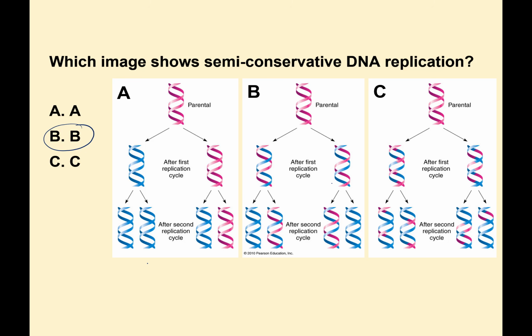This one is called conservative because the parents always stick back together. See how the parent went back to the parent and this parent went back to this parent? And this one is called dispersive, which means each strand is a little bit of a mix of parent and daughter. And we know that these are not the way that DNA replication happens. And again, this was discovered by Meselson and Stahl, so make sure you watch the video about their research.